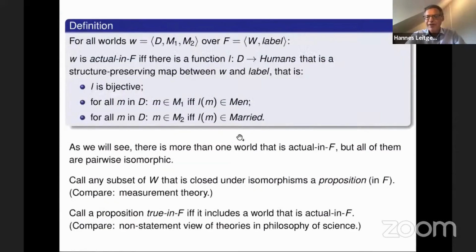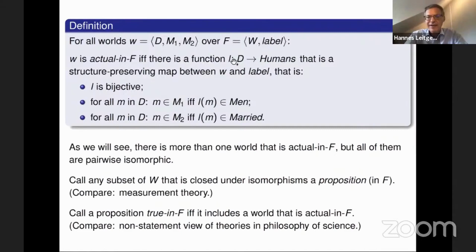Now the next step is I want to define worlds in this framework to be actual. Okay, and as I said before, a world will be actual in the framework just in case the world, a purely mathematical structure, gets the structure of the labeling right. There is an isomorphism between the world and the labeling.